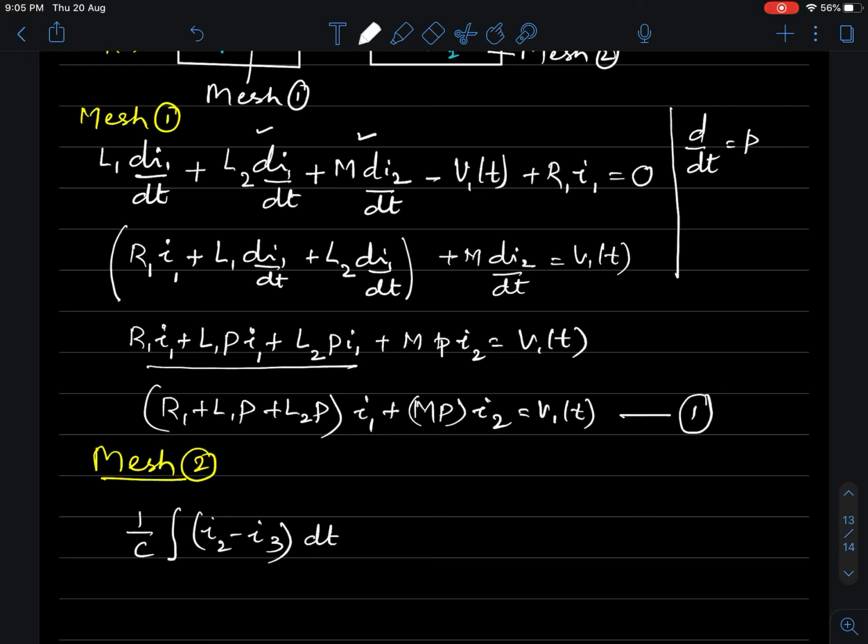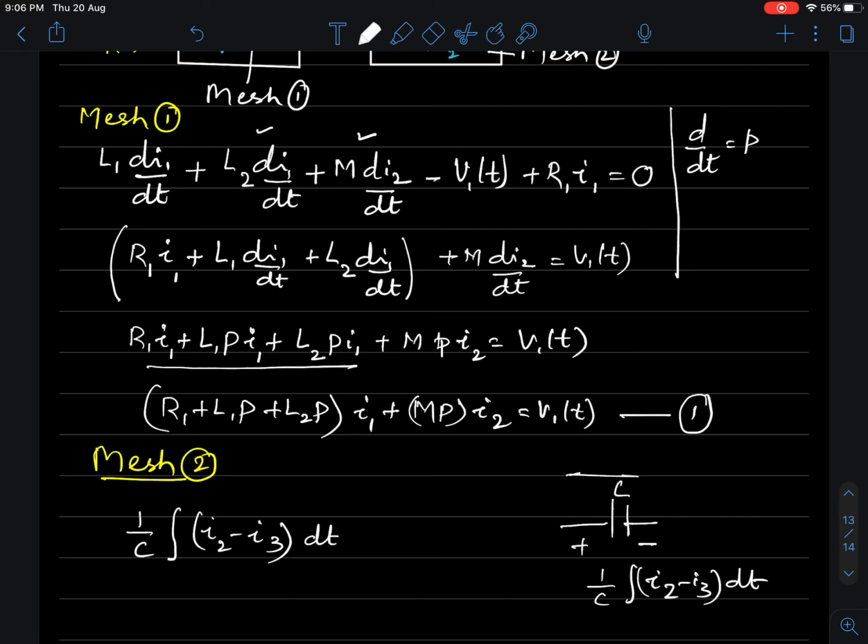This is the potential difference that gets created across the capacitor, with the left hand being positive, the right hand being negative. What I mean is, it's like this. This is the capacitor, positive, negative. This potential difference is now 1 by C integral of I2 minus I3 into dt.